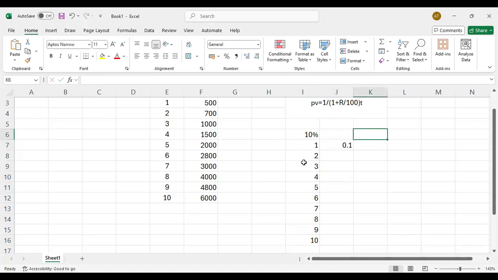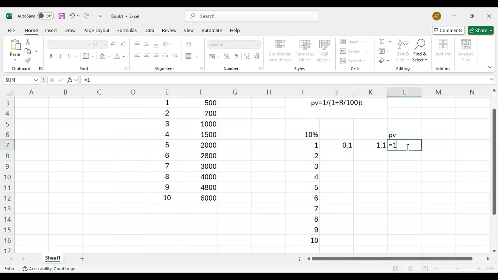So my present value factor will be 1 divided by, then here it will be equal to 1 plus R, and my PV factor will be equal to 1 divided by 1.1.